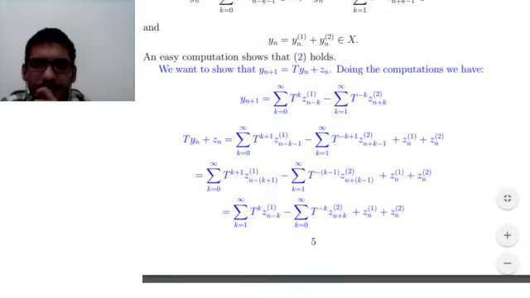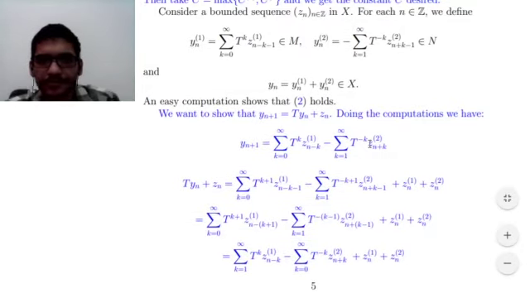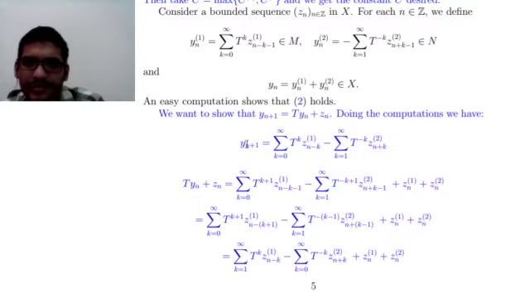Doing the computations, let me show you above. Okay, we have this. You only need to put n plus 1 here and here, so you will have n minus k here and here.